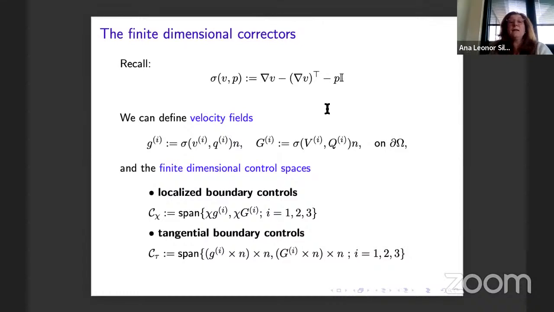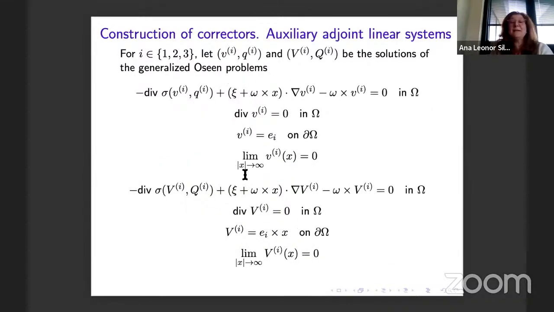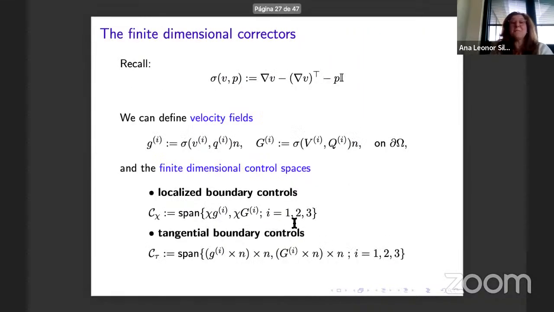And now we are going to recall the tensor sigma that we have used before. This is the symmetric part of the gradient. This is the pressure. And we are going to consider some velocity fields that we denote by G_i and capital G_i, which are the stress tensors associated with these basic fields.